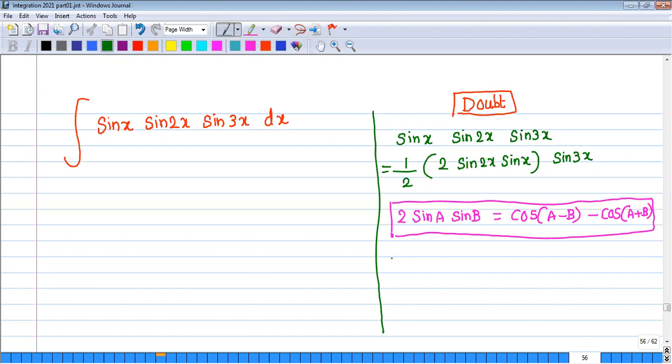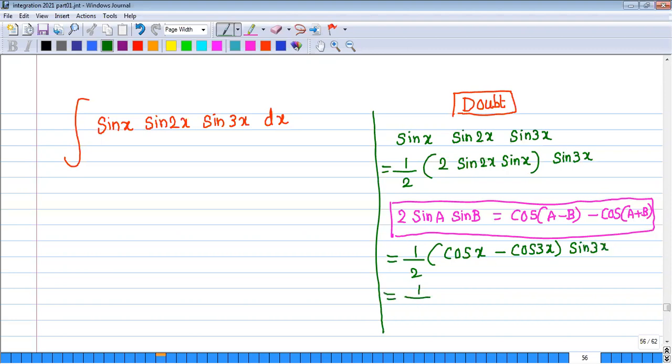So using this it can be written half times cos of A minus B, 2x minus x is cos x, minus cos of A plus B, cos 3x, multiplied with sin 3x. Open the bracket.